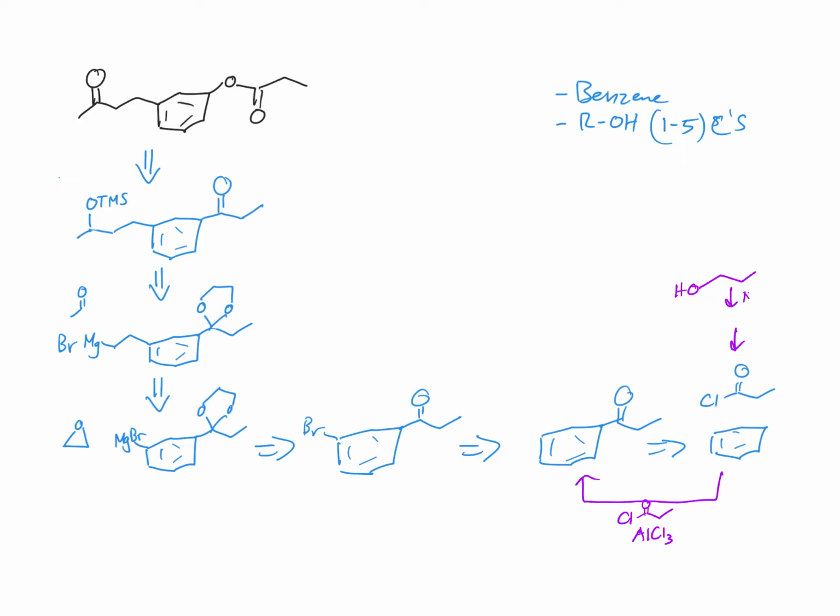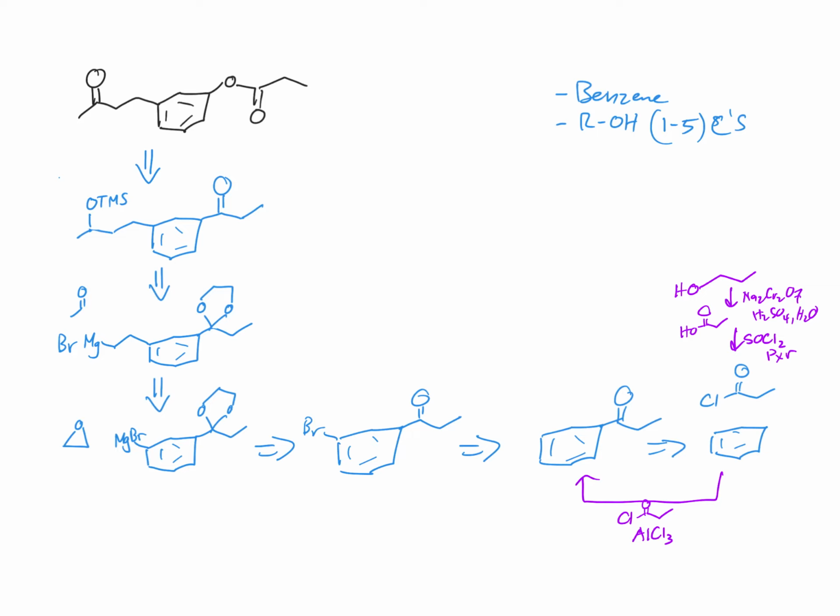And I can do that through Na2Cr2O7, H2SO4, H2O. That will give me the carboxylic acid. And then carboxylic acids plus SOCl2 in pyridine will give you the acid chloride.